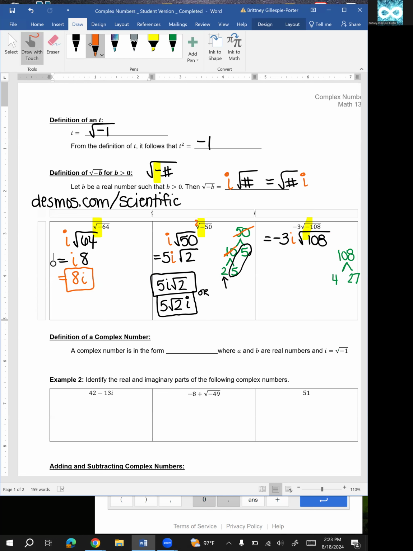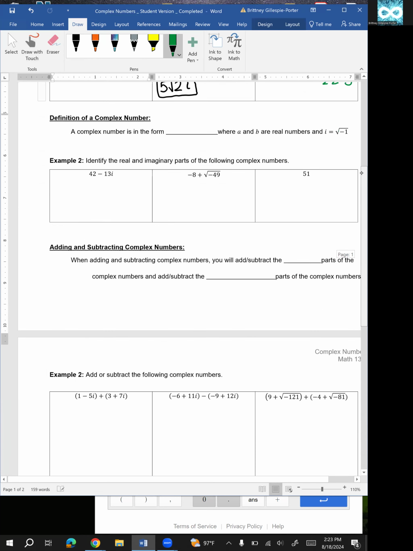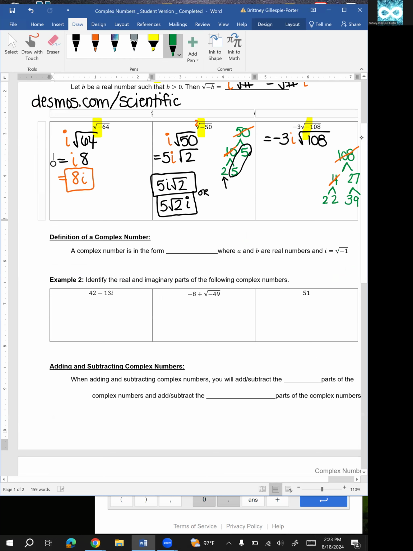Since we broke down the 108, I'm going to cross it out. 4 is going to become 2 times 2, which means we can get rid of the 4. 27 is going to wind up being 3 times 9. I broke down the 27, so I'm going to get rid of it.